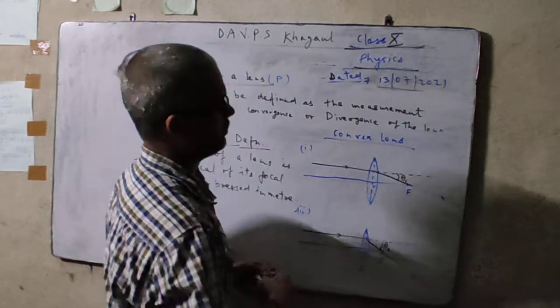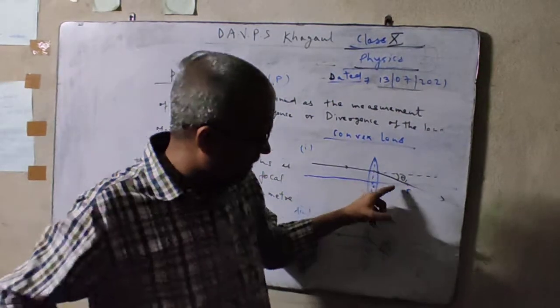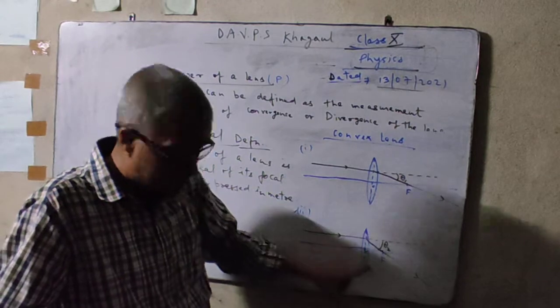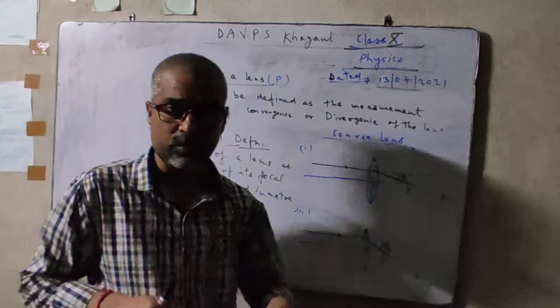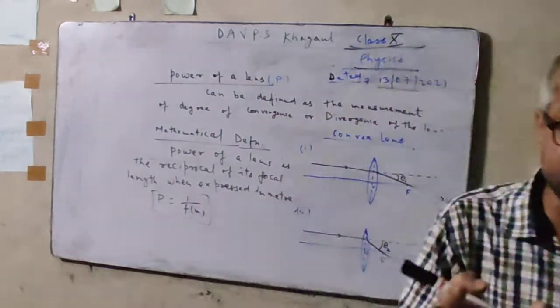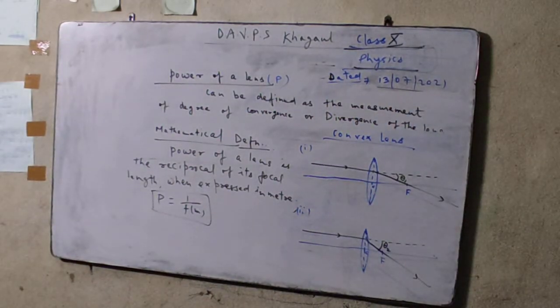Okay. Now, do you see the difference between these two angles, θ1 and θ2? Why is this difference there? How does this difference explain the power of lens? That is important. These two angles explain the character of a convex lens. In the first convex lens, the angle is less; through a less angle it has deviated the light ray.